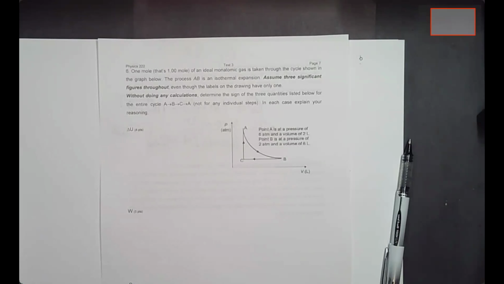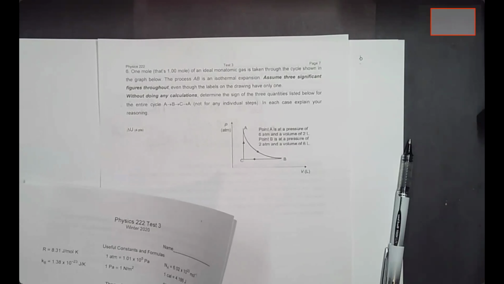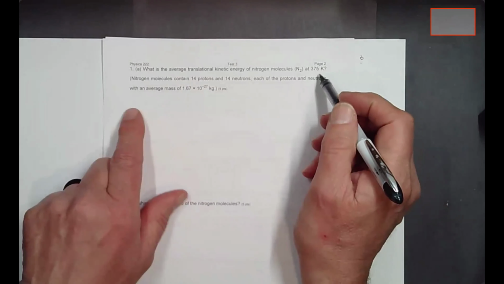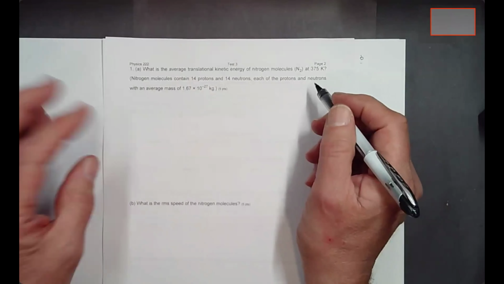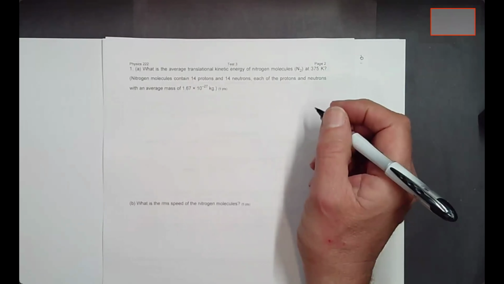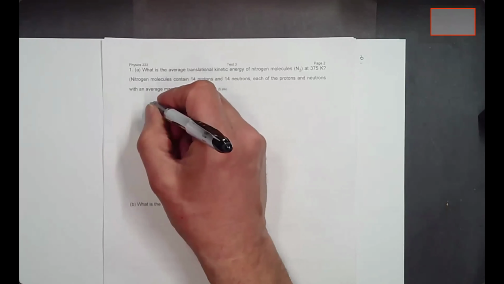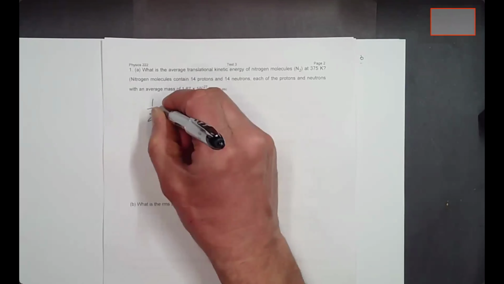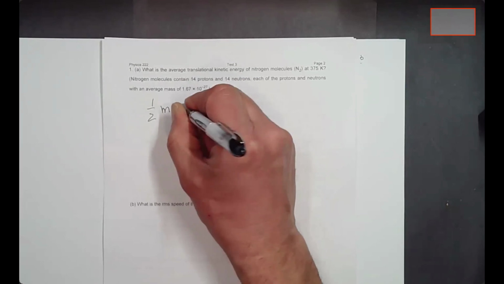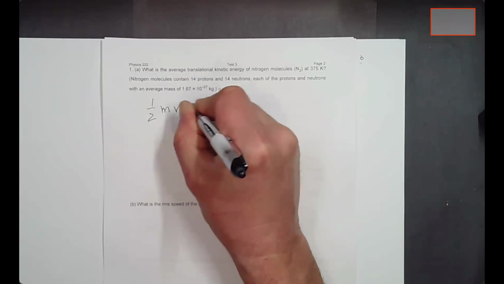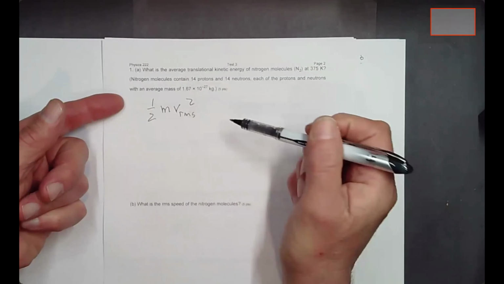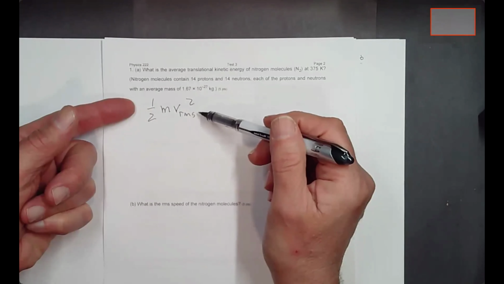Let's see, problem one on the review test. Average translational kinetic energy of nitrogen molecules at 375 Kelvin. Well, this is the average translational kinetic energy of molecules.